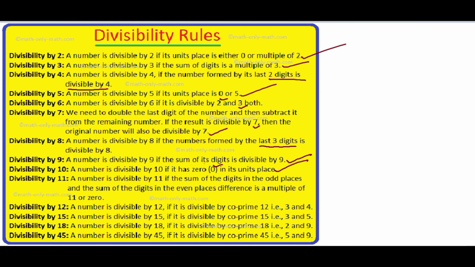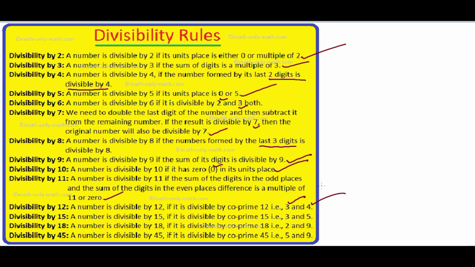For 11, you have to add the digits at the odd places and the digits at the even places, and then subtract one sum from the other. If the difference is a multiple of 11 or it is 0, then yes, it is divisible by 11. 12, I already told you, is a composition of 3 and 4.